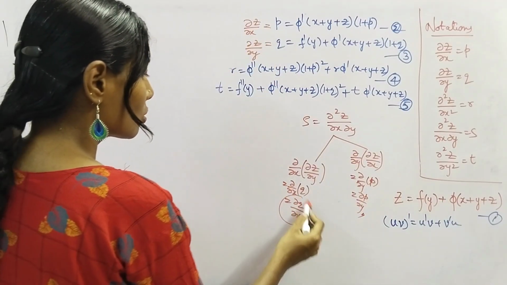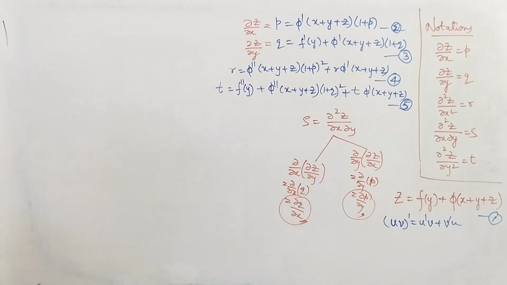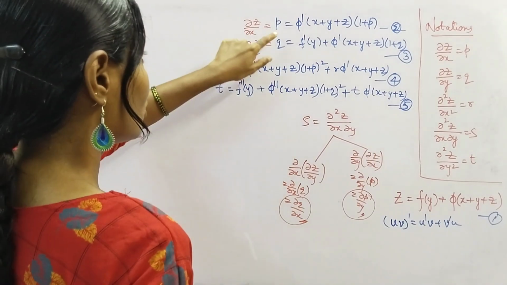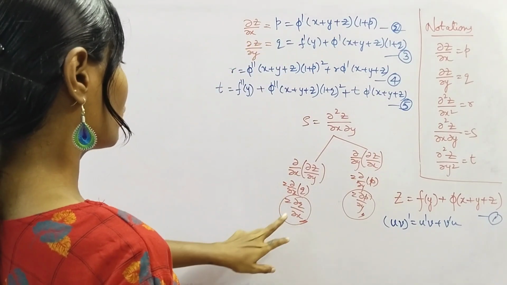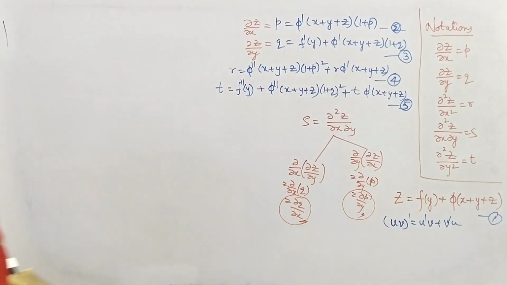You can go for this or this. So let's try for q and see what we are going to get.